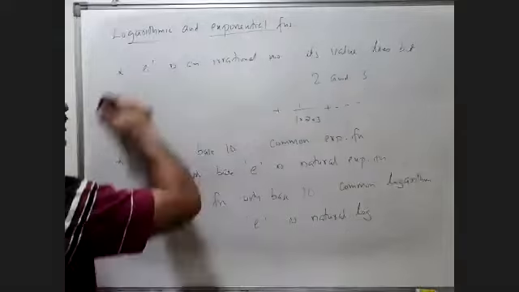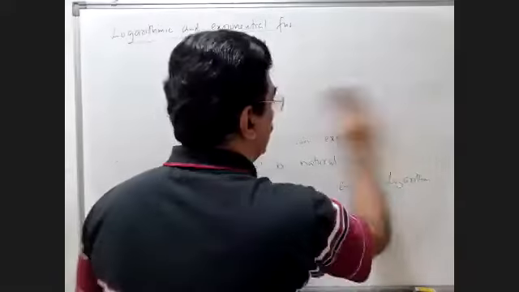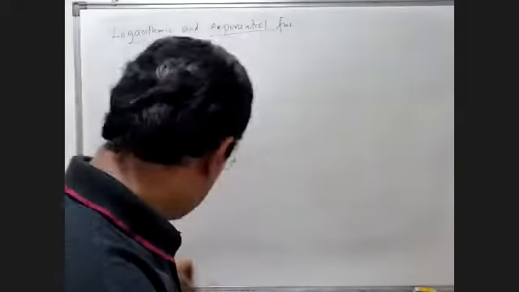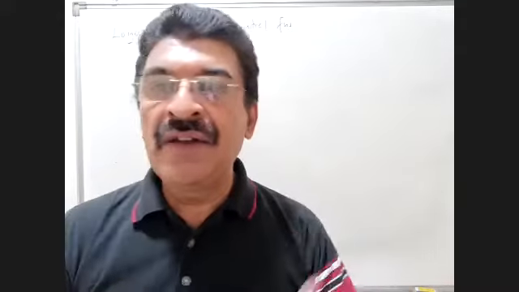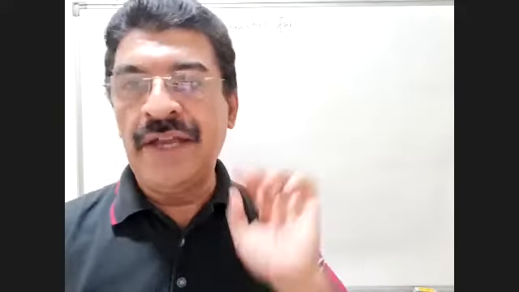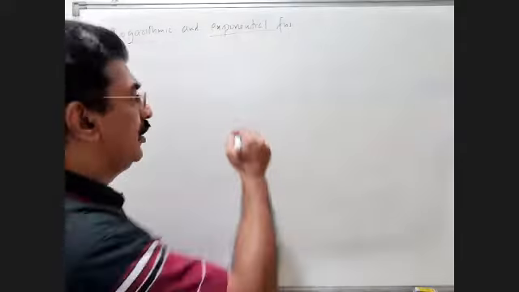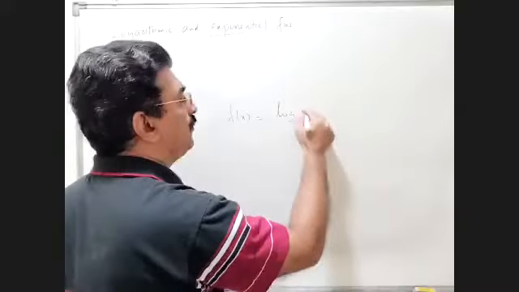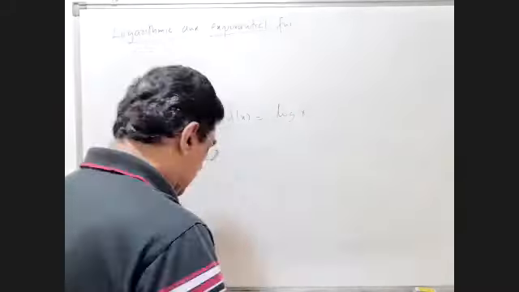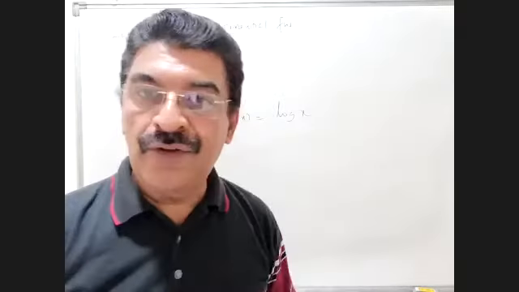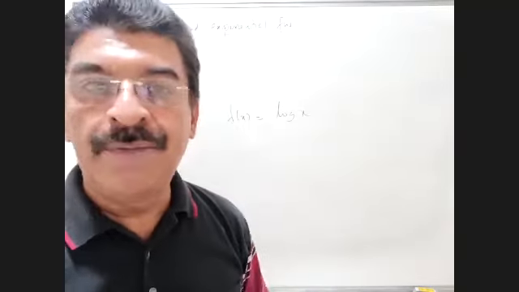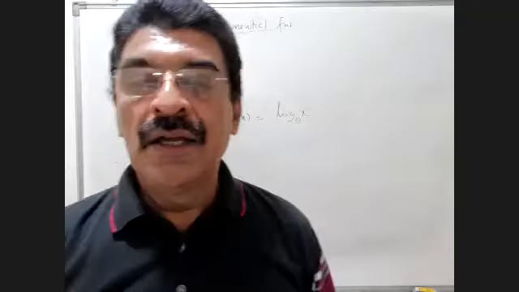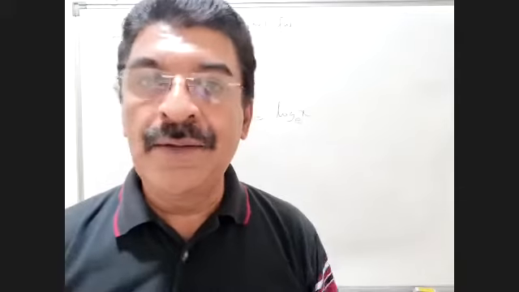Also remember that in math, while writing functions, we never write the base. We write log x only. Sometimes we write f of x equals log x. Whenever a logarithmic function is given and the base is not written, there is an invisible base e.